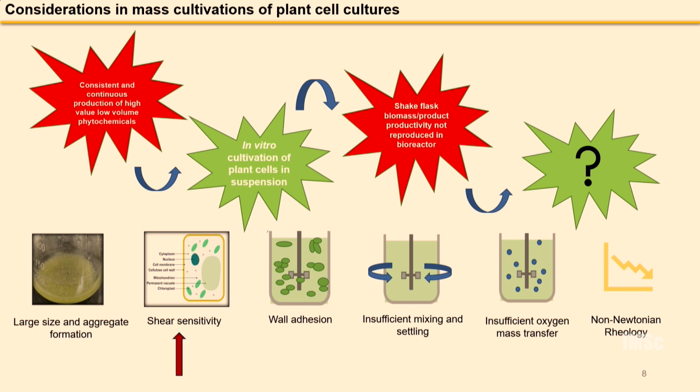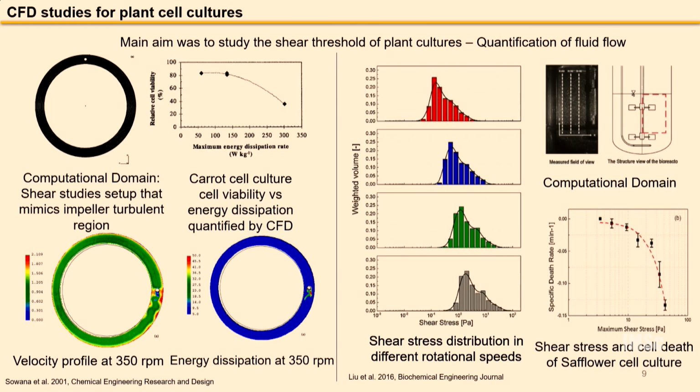Specifically with respect to shear sensitivity, CFD has been used in 2 different studies. One in 2001, where they looked into the cell viability of a carrot cell culture grown in a stirred tank reactor, but they did not model the entire reactor. They just took an annular section which mimics the impeller turbulent region, and they checked the velocity profile at a high RPM and the energy dissipation rates, and they also looked at how the viability changes with respect to this energy dissipation.